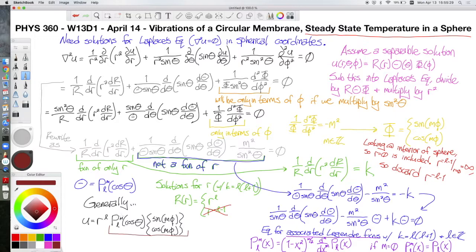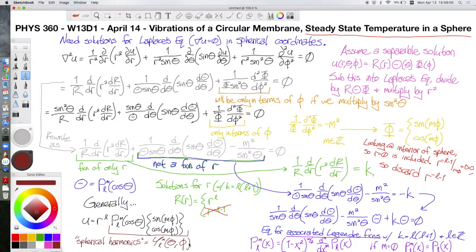The associated Legendre function times the sines and cosines of m phi, these are called the spherical harmonics. They are given the variable capital Y, subscript L, superscript m, and they are a function of both theta and phi.